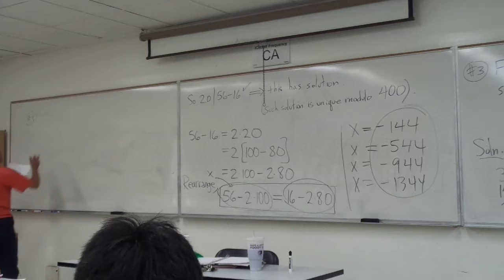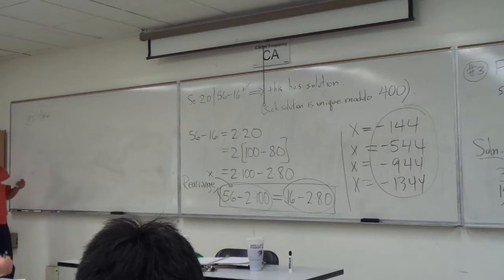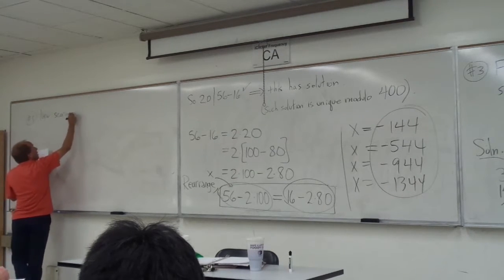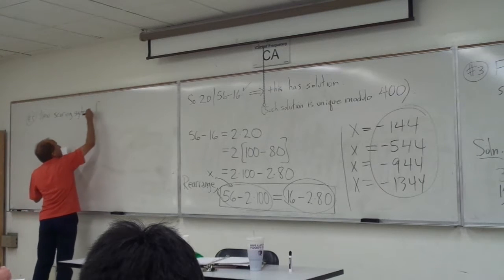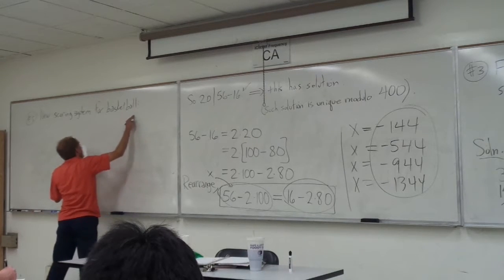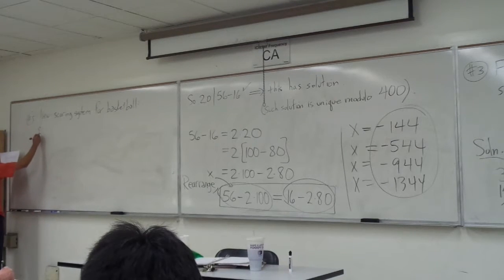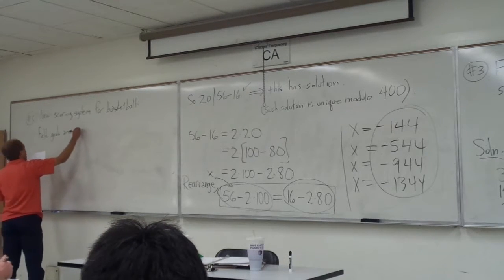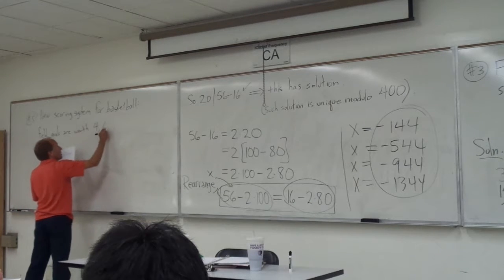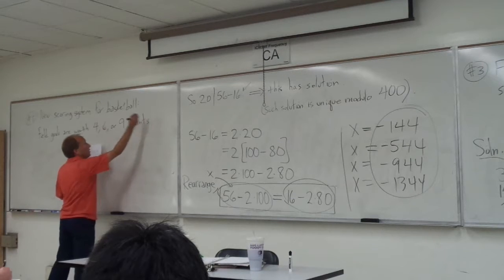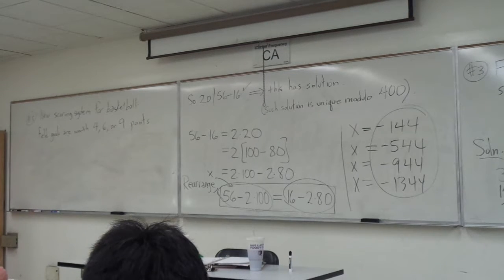Okay, so here we go. This is a word problem, so I'm going to abbreviate the words a little bit. We're going to have a new scoring system for basketball. And what it's going to be is field goals are worth 4, 6, or 9 points, depending on where the shot was from.